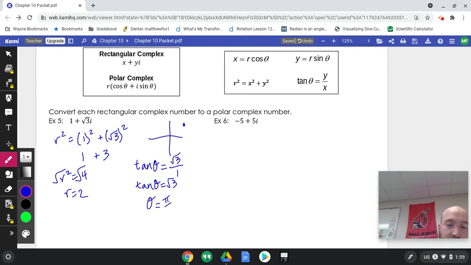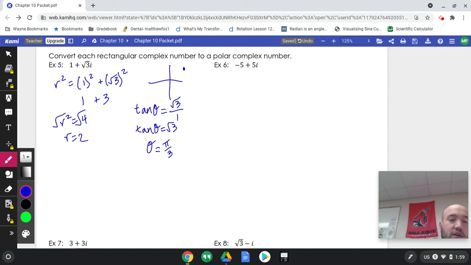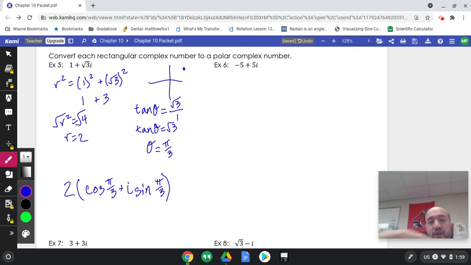If you don't have that memorized, then you just need to look it up on your orange sheet. Okay. So 2 times the quantity cosine of pi over 3. Oops, I don't want a parenthesis there. My bad. Plus i sine of pi over 3. And we're done.